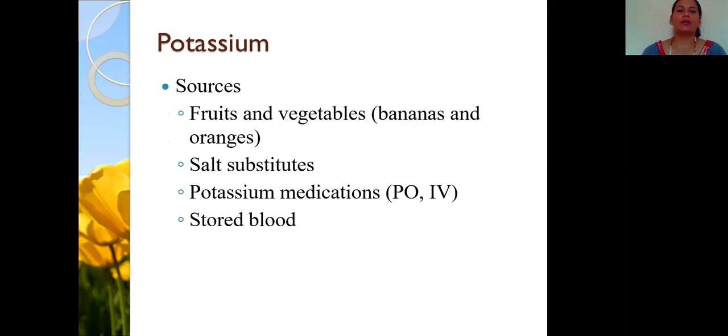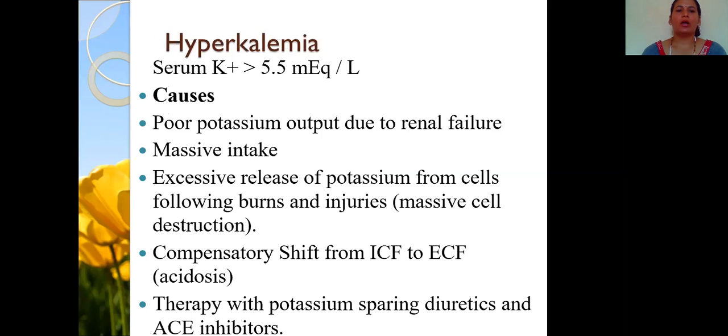Okay, we can see here the major sources of potassium: fruits and vegetables, salt substitutes, potassium medications, and stored blood. Now we come to the condition hyperkalemia, in which the level of potassium is more than 5.5 mEq per liter. Here are some of the causes: poor potassium output due to renal failure, massive intake, and excessive release of potassium from cells following burns and injuries.